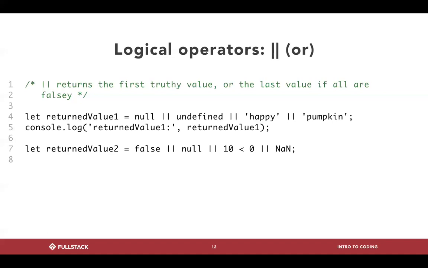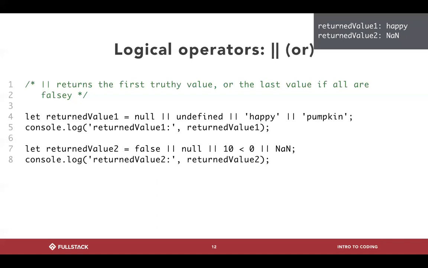So all of them are falsy. So we take the last value, which is none. So now return value 2 is equal to none. And we log them both out. We get happy and none. Cool. Any questions on these before we start jumping into some of the demos?